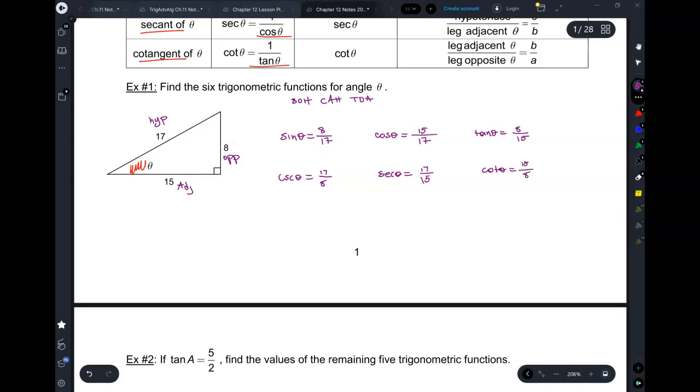Now, how to lose points, if you're interested. Here's how to lose points, because this is an honors class. Sine, cosine, none of these can exist without an angle. So it can never be sine equals blah, blah, blah. Sine of what? Sine always has to have an angle.